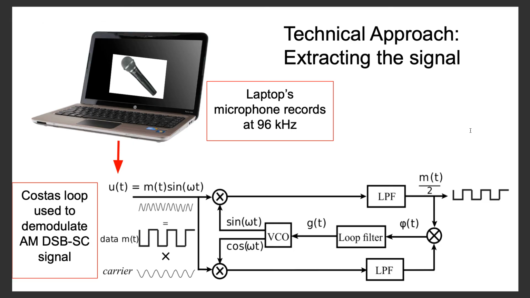So how does this work? First, we obviously need to record the sound. I'm recording it at 96 kilohertz with the integrated microphone in my computer. The researchers who made this paper found two frequency ranges where information was leaked.